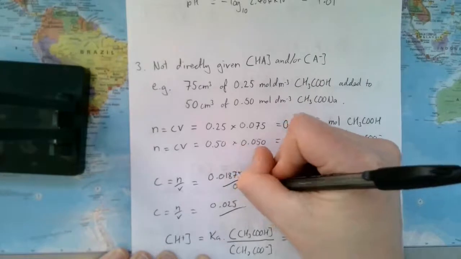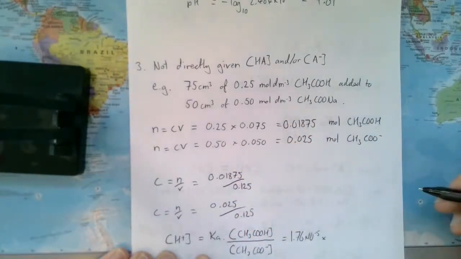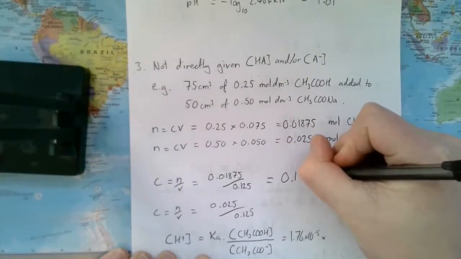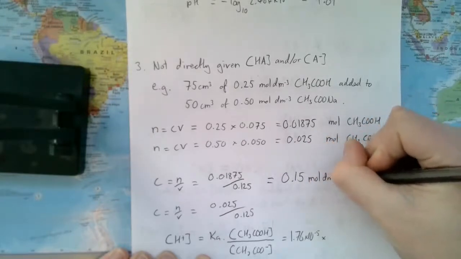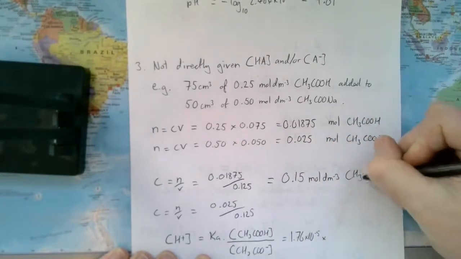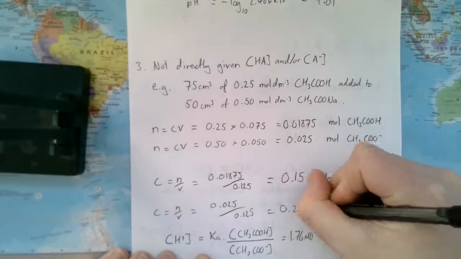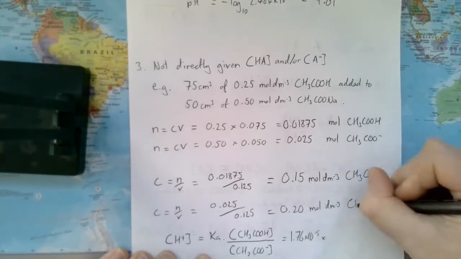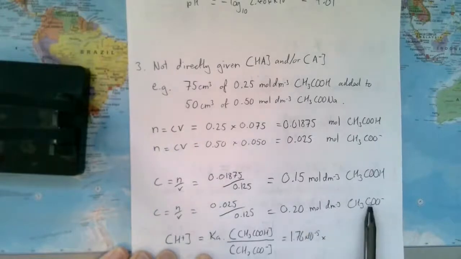So I'm going to divide both of these by 0.125. What this gives is a concentration of 0.15 for the ethanoic acid and 0.20 for the ethanoate ions. So here we do have slightly more of the ethanoate than the ethanoic acid.